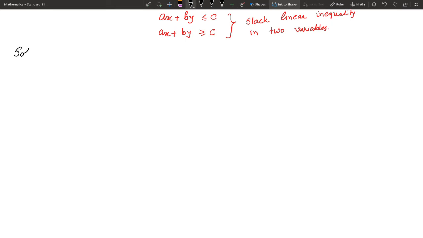So first we define solution of an inequality.